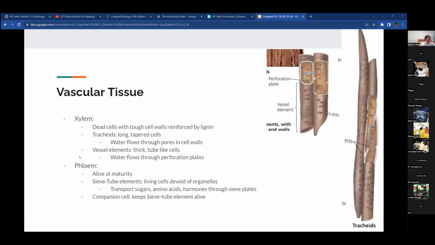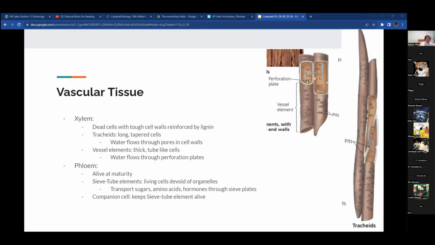The second type of xylem are vessel elements. These are thick tubes, generally long and thin. They're not tapered. These are what you think of as pipes, right? They connect end to end instead of tapering off and squeezing into another.